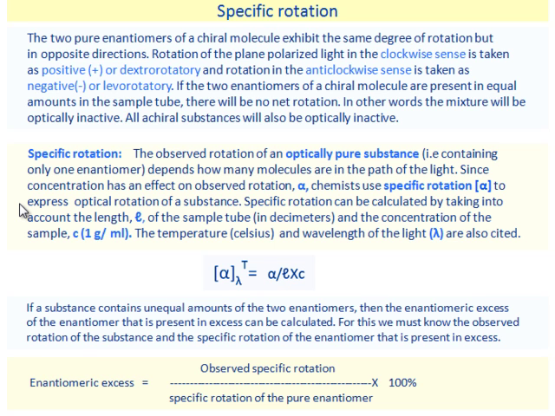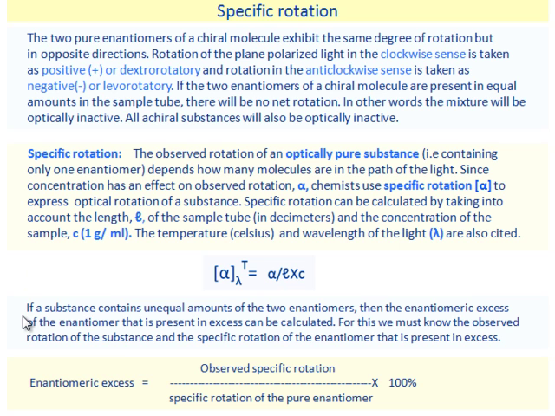Specific rotation can be calculated by taking into account the length L of the sample tube in decimeters and the concentration of the sample C in gram per milliliter. The temperature in Celsius and the wavelength of the light are also cited.